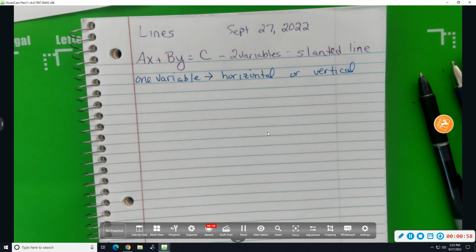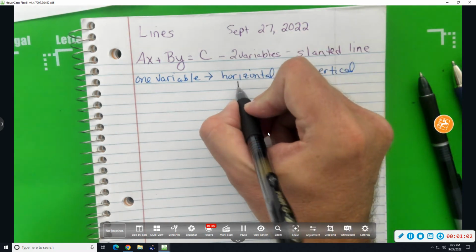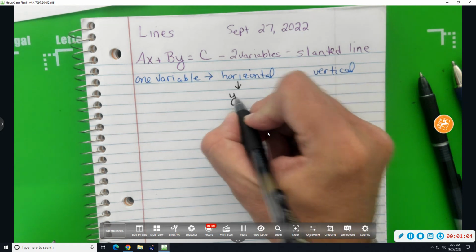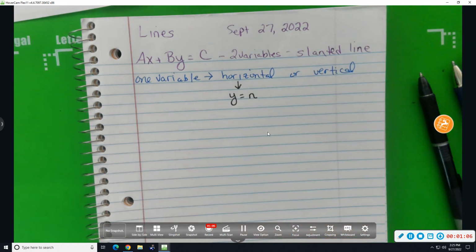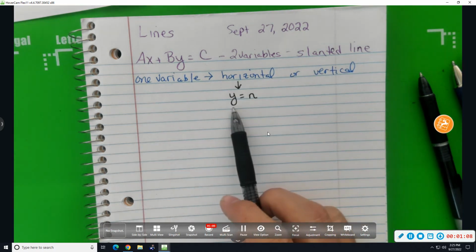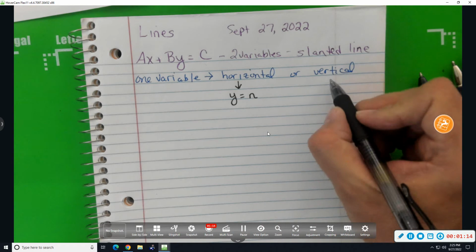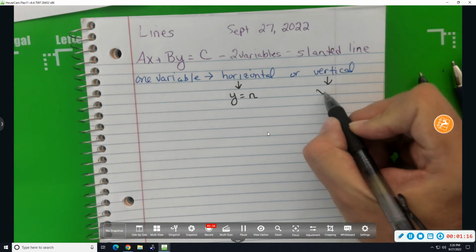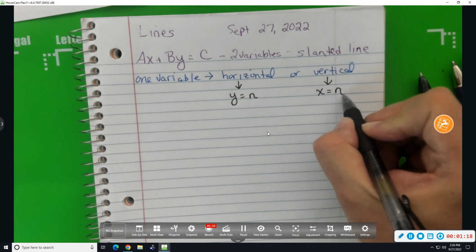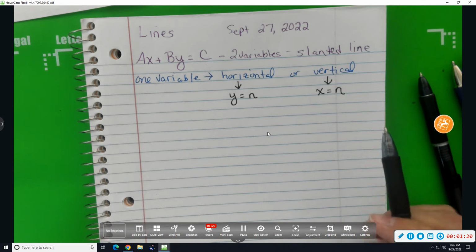A horizontal line is in the form y equals some number. So if you have an equation with only a y and no x, that's a horizontal line. A vertical line is in the form x equals a number.